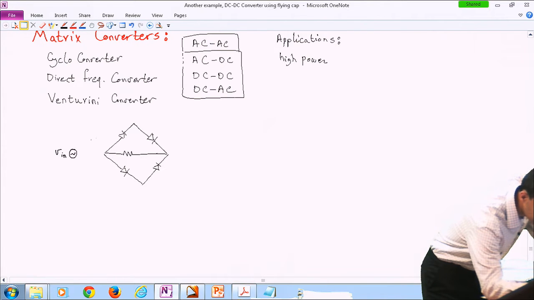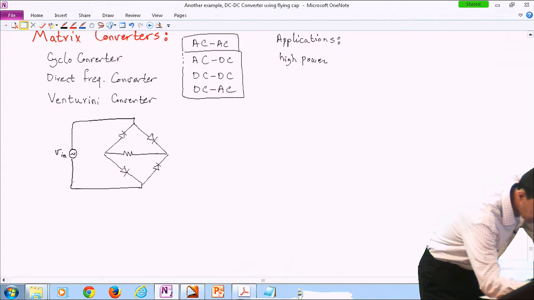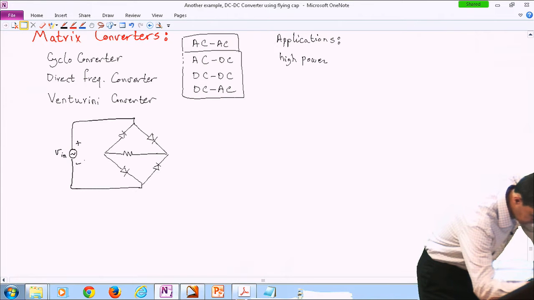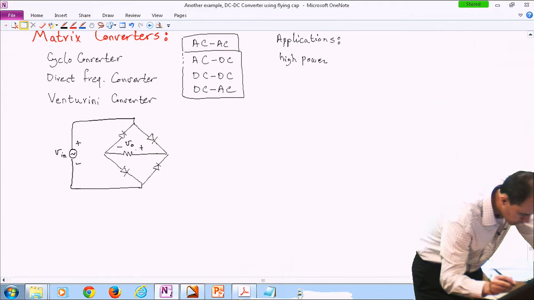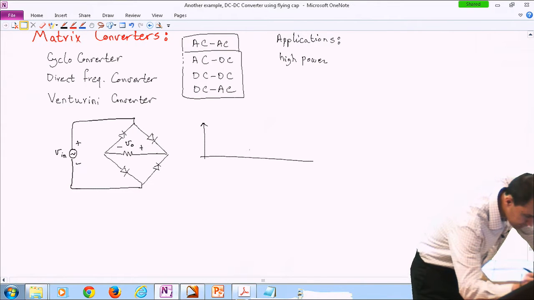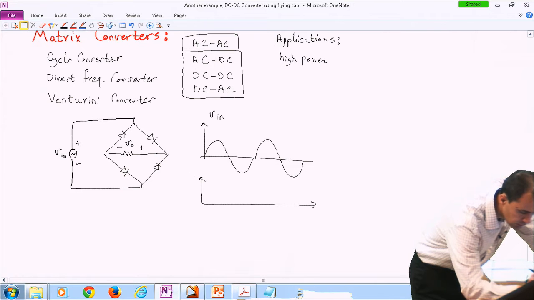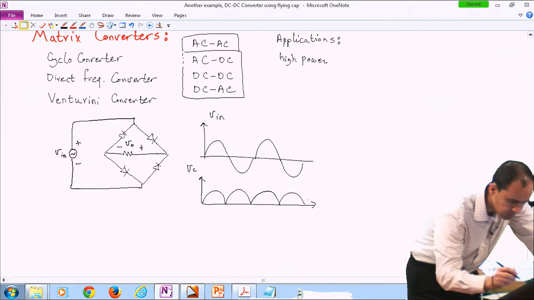So we have an input voltage which is AC, and we have an output voltage which is kind of rectified. It's not really DC, but it doesn't have any negative portion. So if this is our input voltage, our output voltage is like this.